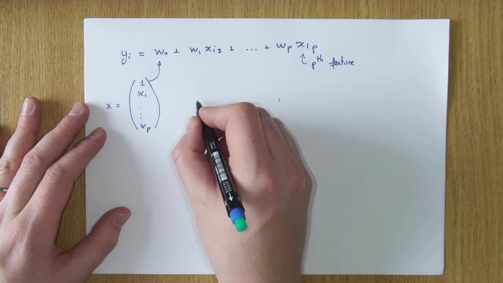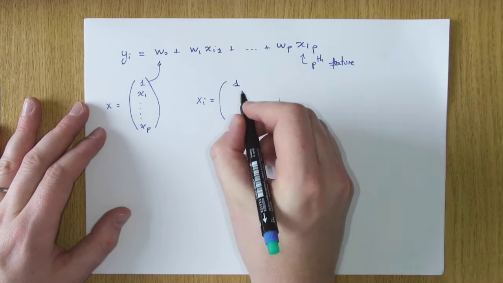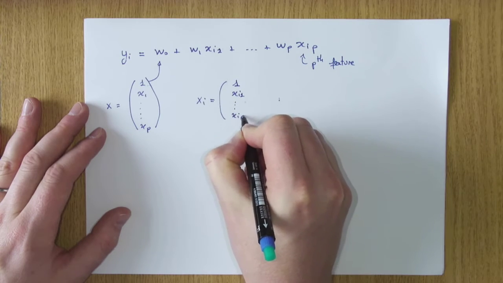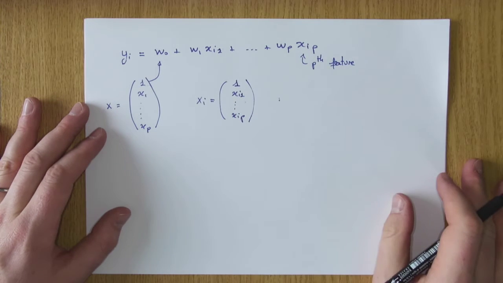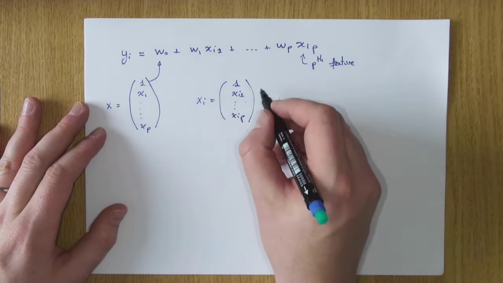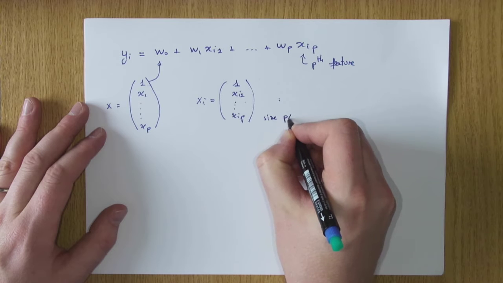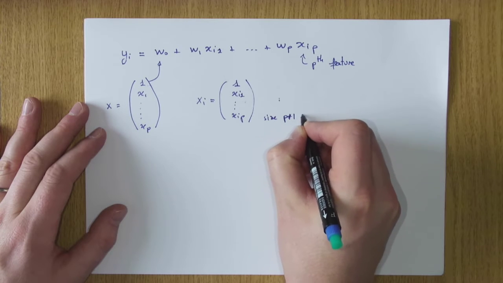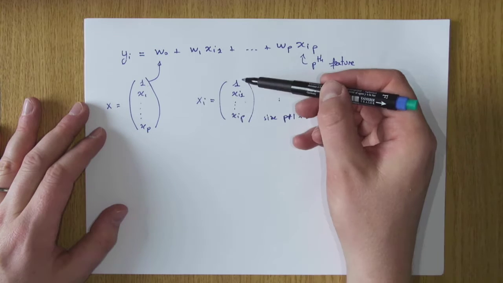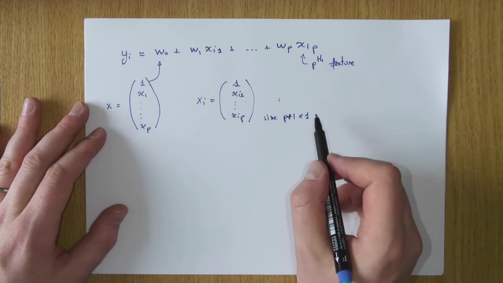The observation we have for the ith sample will be xi, so once again 1, xi1 to xip. This is a vector of size p plus 1 times 1. So p plus 1 is the number of rows you have, and 1 is the number of columns you have.